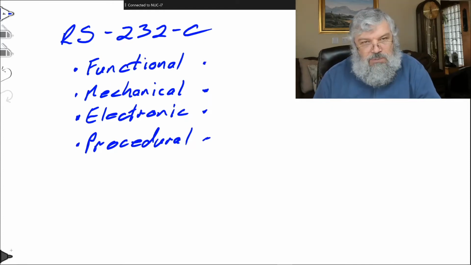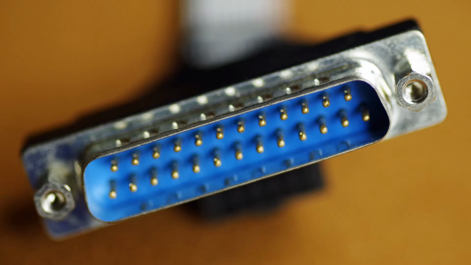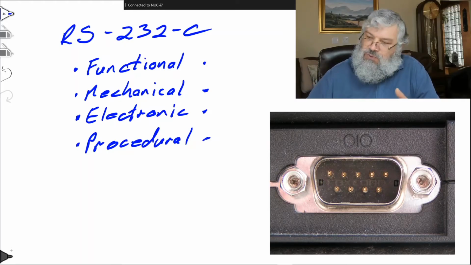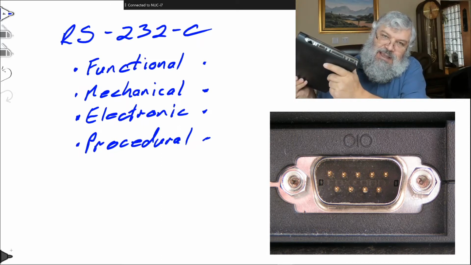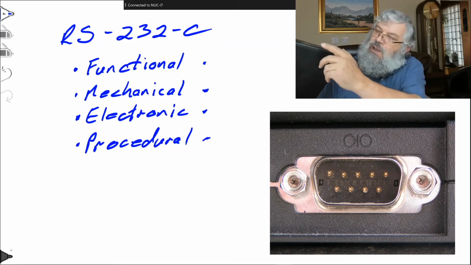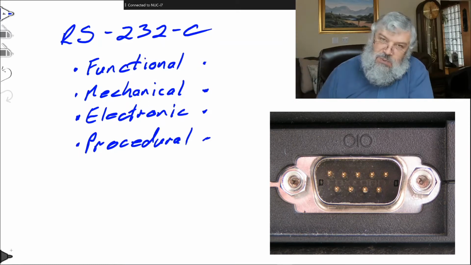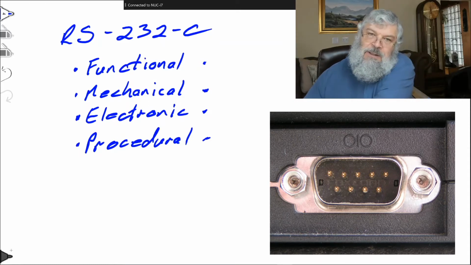The serial port used 25 pins to connect. Then it was realized that 25 pins were just too much and it was reduced to the DB9 standard that we encountered earlier, where only 9 pins were used for the connector.